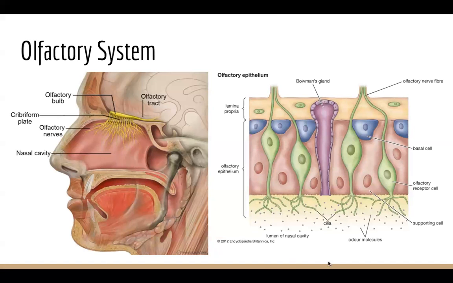So the first thing we're going to talk about is a really unique concept that can be a little confusing if you're not sure. We often think about smell as a gas, but actually, smell is a bunch of particles that float on air which travels up your nose.